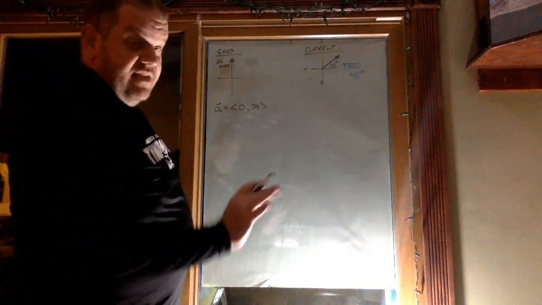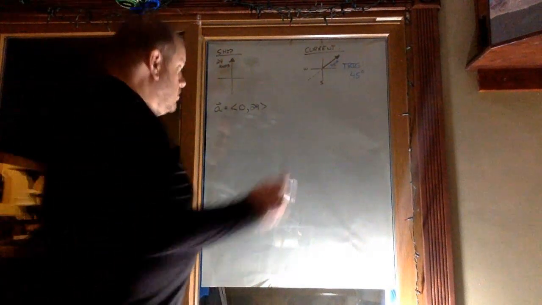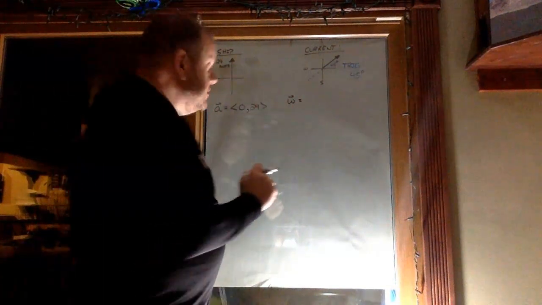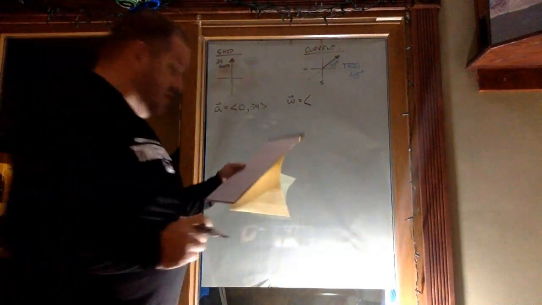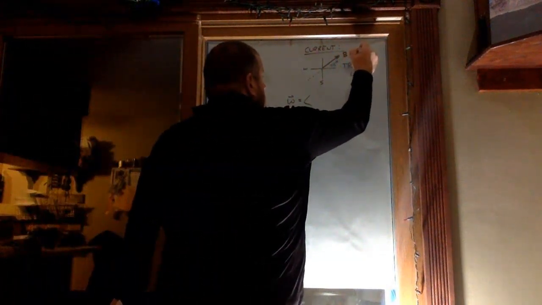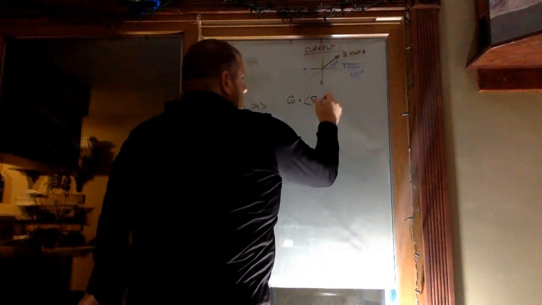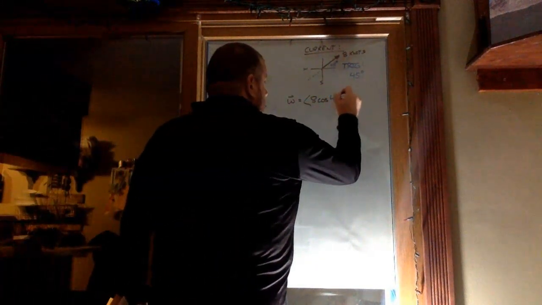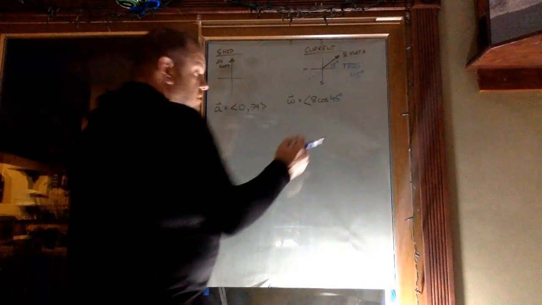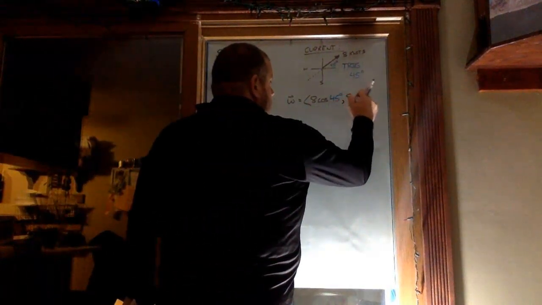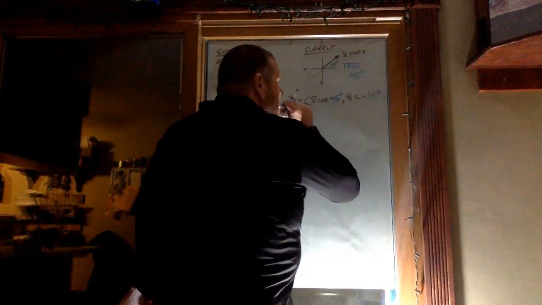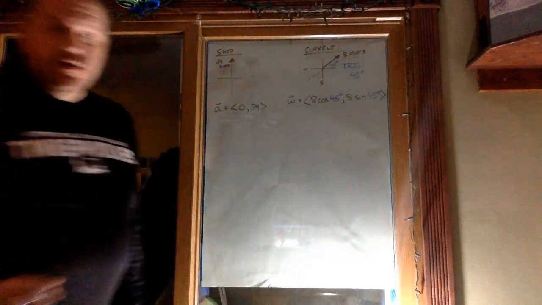So in this case, it's going to be my vector W, because it's wind or current. Well, what's the speed of that? 8 knots. So that's going to be 8 cosine of 45 degrees, 8 sine of 45 degrees.